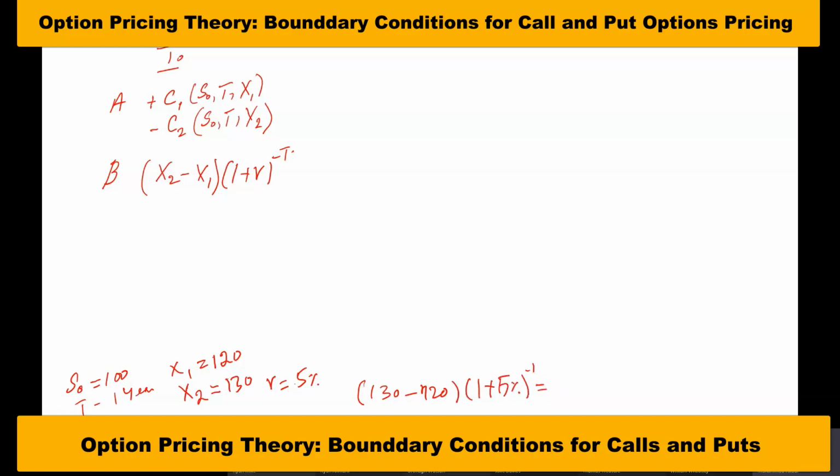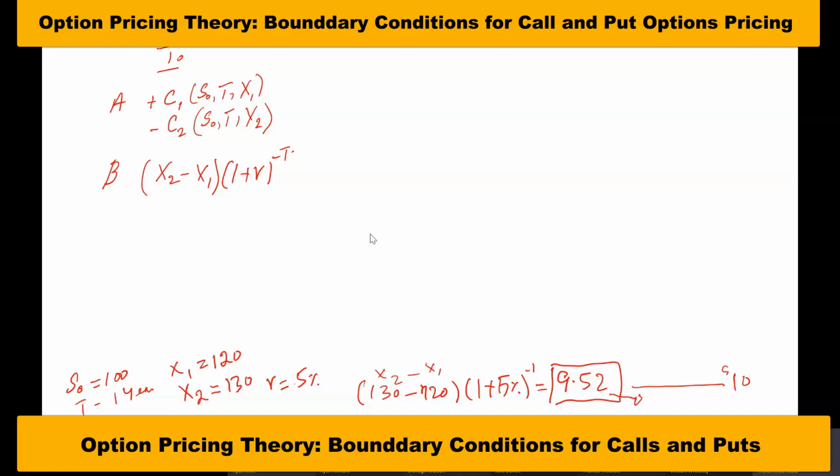If I calculate this, it is 1.05 raised to the power minus 1 multiplied by 10, effectively 9.52. So this is the bond I have purchased. It's a risk-free zero coupon bond. If I purchase this bond today, at maturity 1 year later I will get $10, which is the difference between X2 and X1. And X2 and X1 are the exercise prices in the call options here.